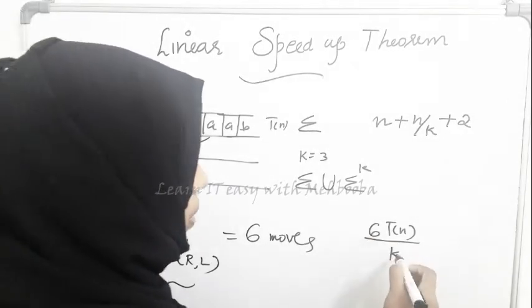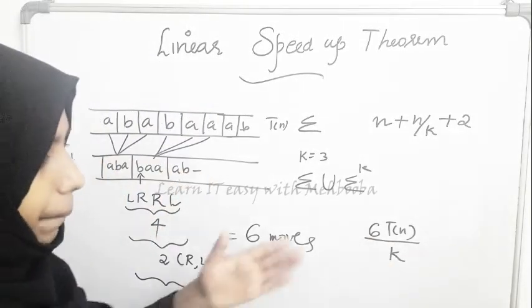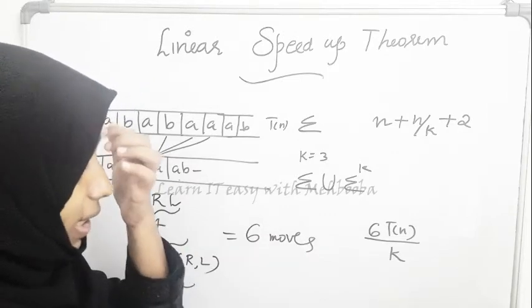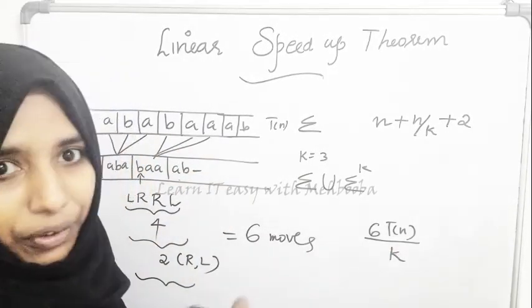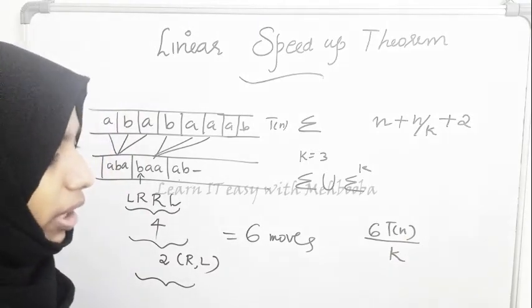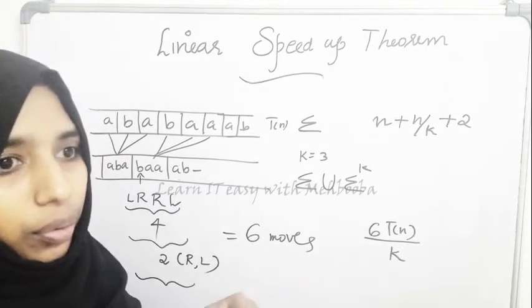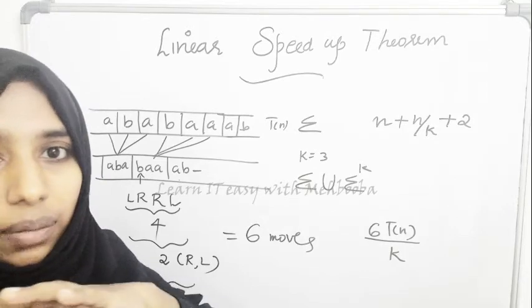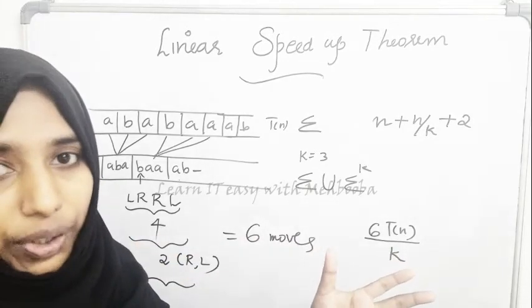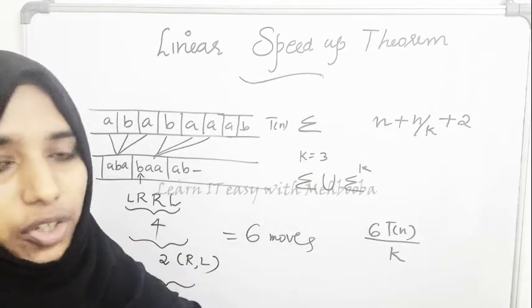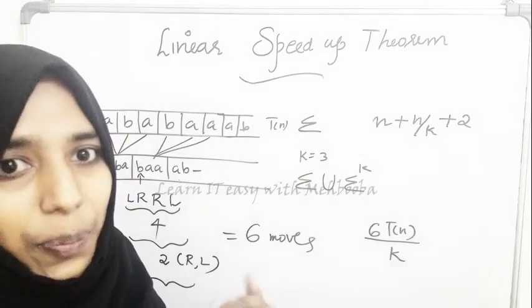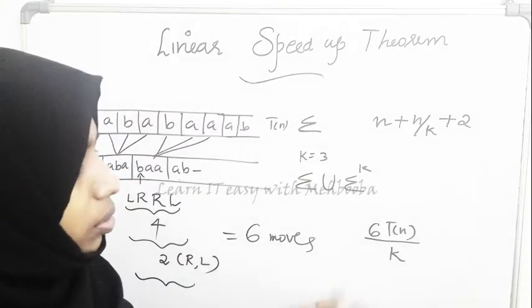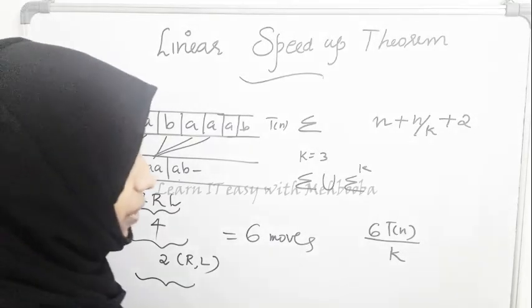So 6 T of n by k is the amount of time it takes for all these movements. So if k is higher, definitely you will require only a smaller amount of time. See, this is equivalent to using longer instructions in computers. Instead of many small instructions, if you are using a very long instruction, you can speed up the work a little bit, isn't it? So it's the same philosophy here.